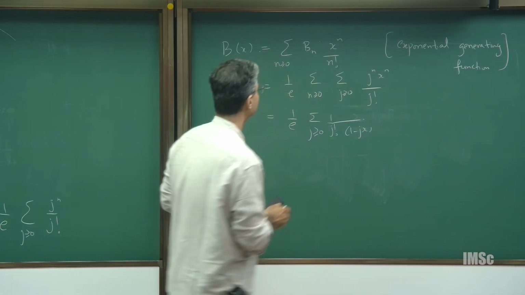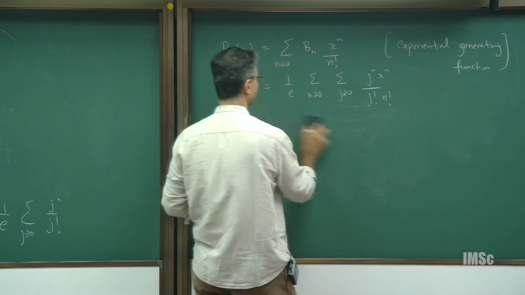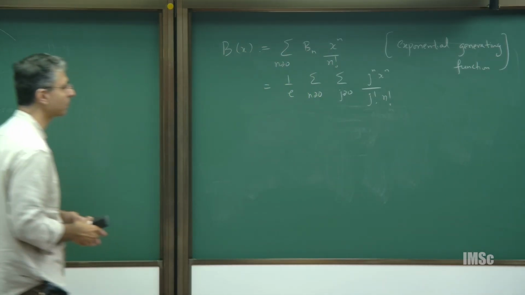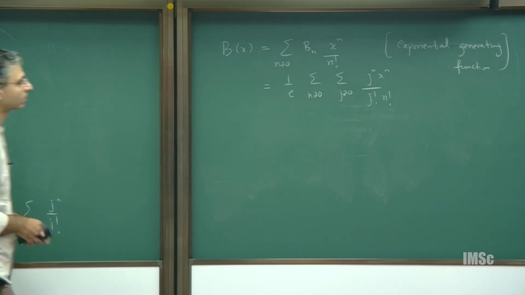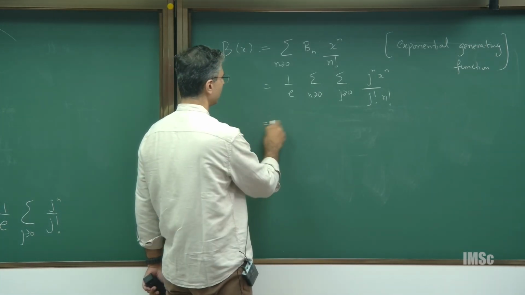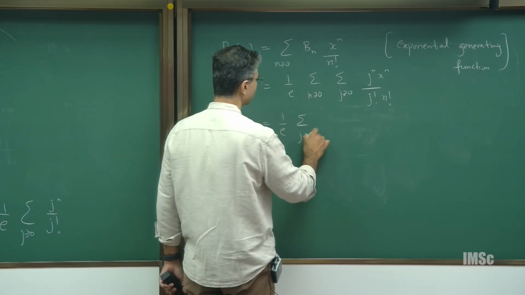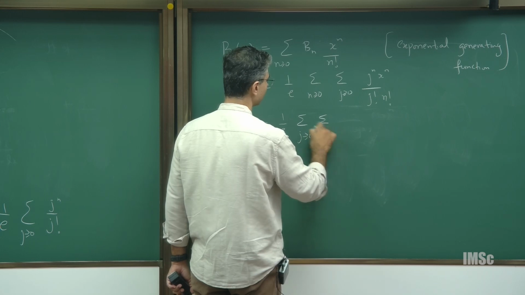So, if you do that, well, let us see. How do we simplify this now? Right, again let us switch the order, j comes outside, n goes inside.